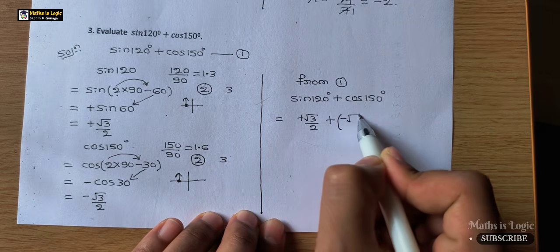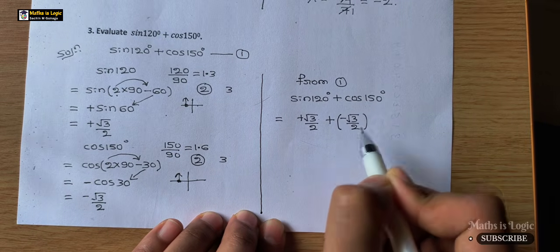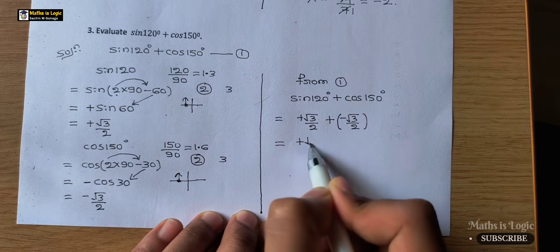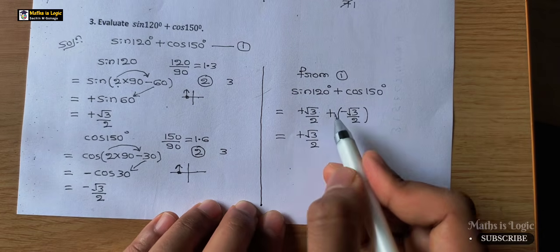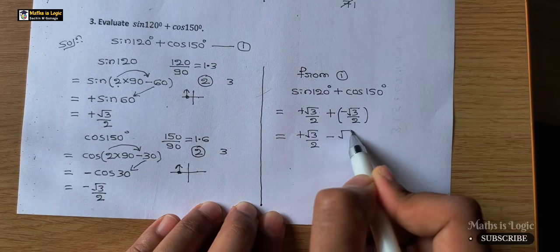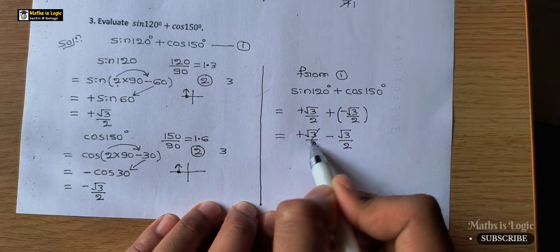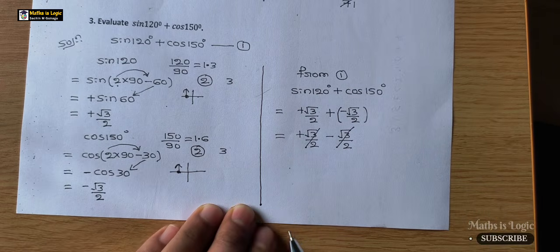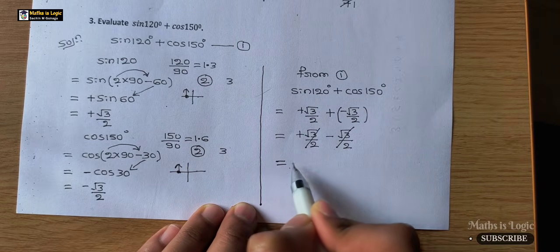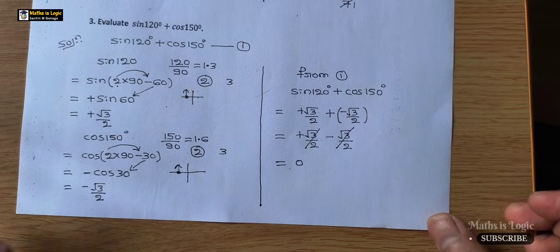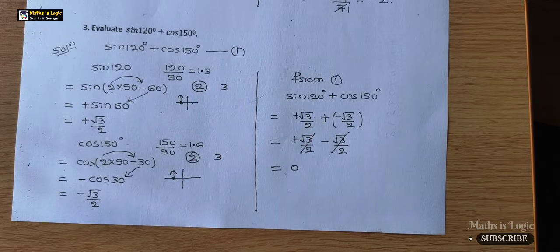So in a bracket you write minus root 3 divided by 2. Now open the bracket, plus root 3 divided by 2, and next plus into minus is minus root 3 divided by 2. So that time plus root 3 by 2 and minus root 3 by 2 get cancelled. So what is the final answer? 0 is the final answer.